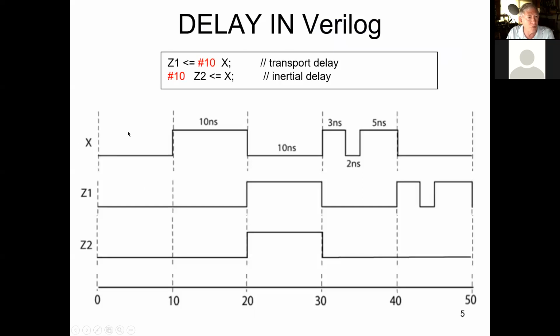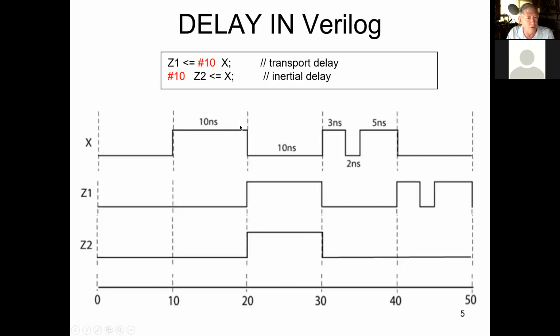Here is X, which is the input to whatever circuit we're talking about here. In this case, we're just setting it equal to Z with a transport delay of 10 nanoseconds and an inertial delay of 10. So X goes up to 1 and it stays up for 10 nanoseconds. And 10 nanoseconds later, Z becomes 1 and stays up for 10 nanoseconds and then goes back down.